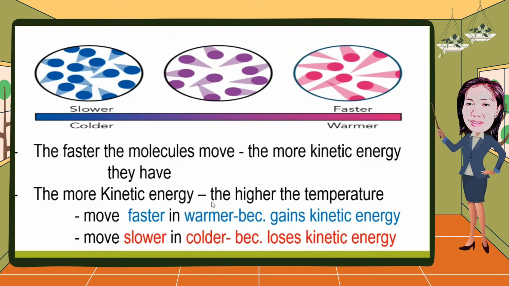Okay, so what causes the movement of these particles? It's because of kinetic energy. And the faster the molecules move, the more kinetic energy they have. So in the illustration, we can see that on the colder side the molecules are moving slower, and on the warmer side the molecules are moving faster.